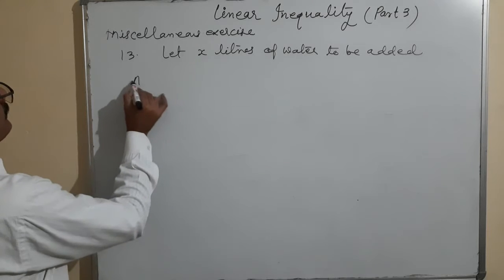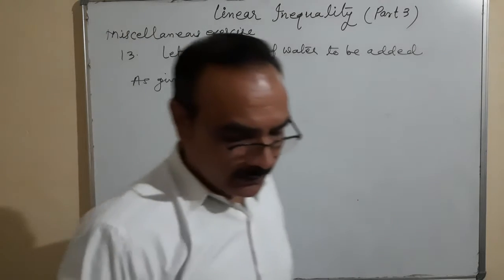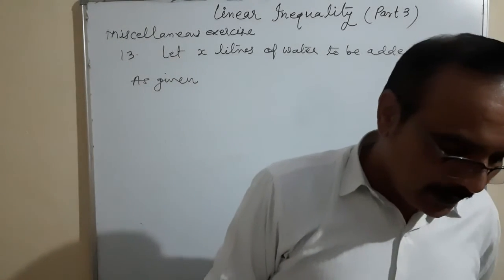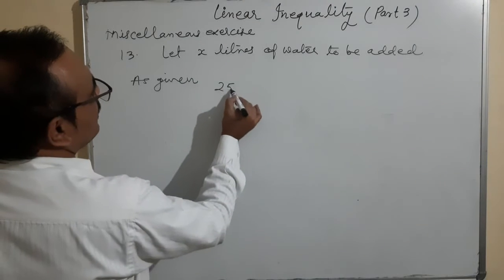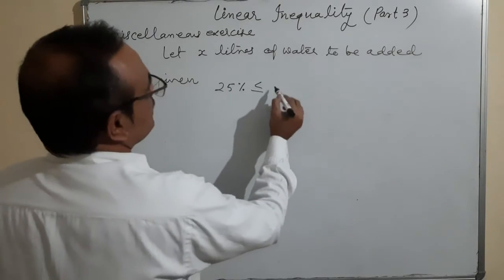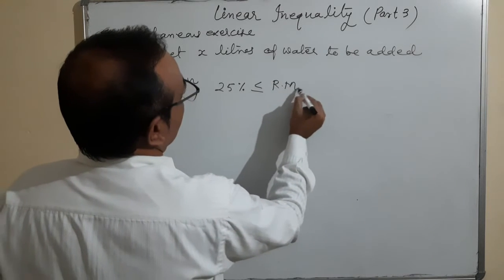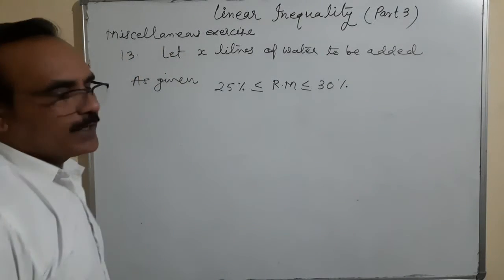As given, it will contain more than 25% but less than 30%. So 25% is less or equal to the resulting mixture, which is less or equal to 30%. Now we are finding the resulting mixture.